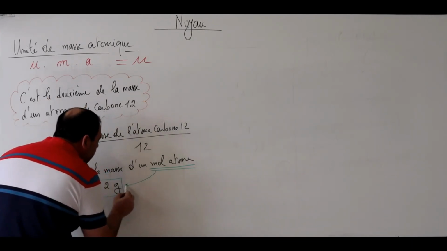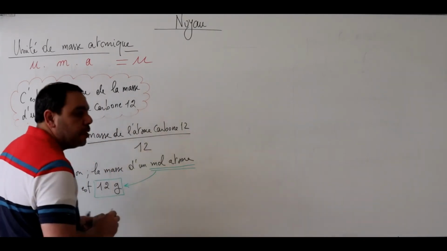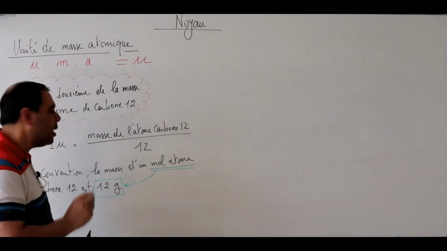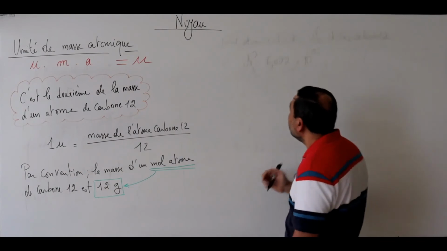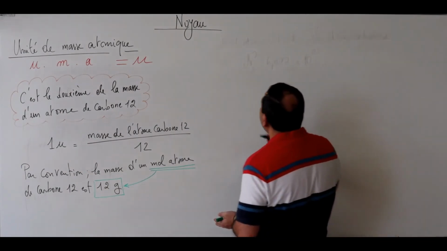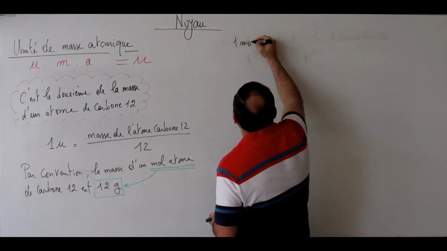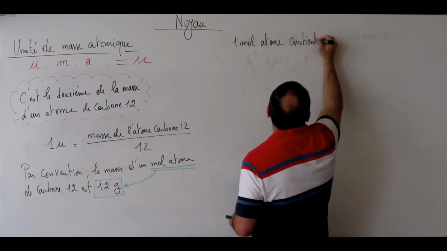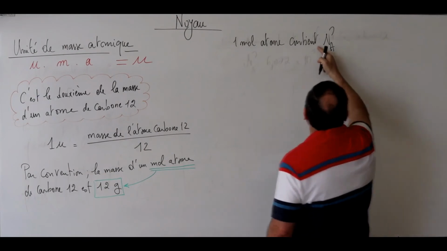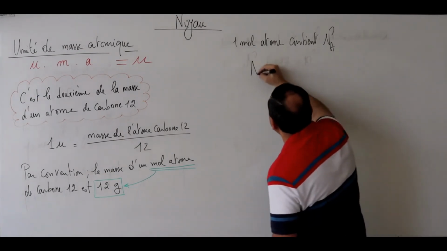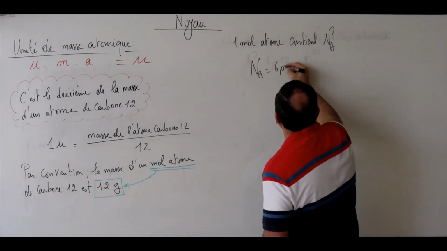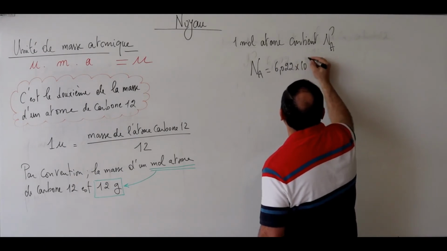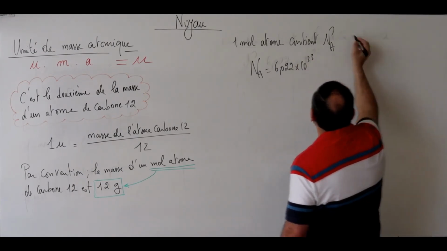What is 1 mole of an atom equal to? 1 mole contains Na, or Avogadro's number, which is equal to 6.022 times 10 exponent 23 atoms.